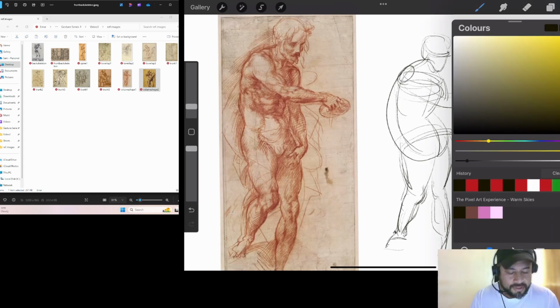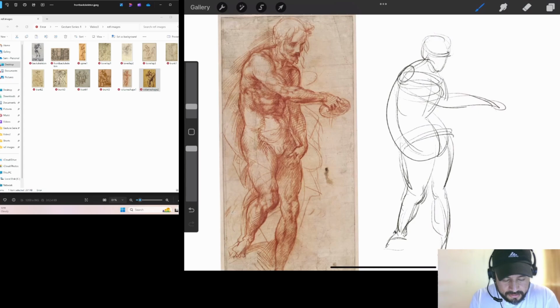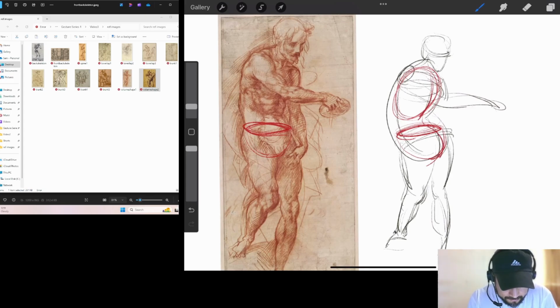Okay, in red, the rib cage, the pelvis, the top of the pelvis sits like that, the belt line, I'll call it. Mine's going the other way, so fix it up like that. Center line.